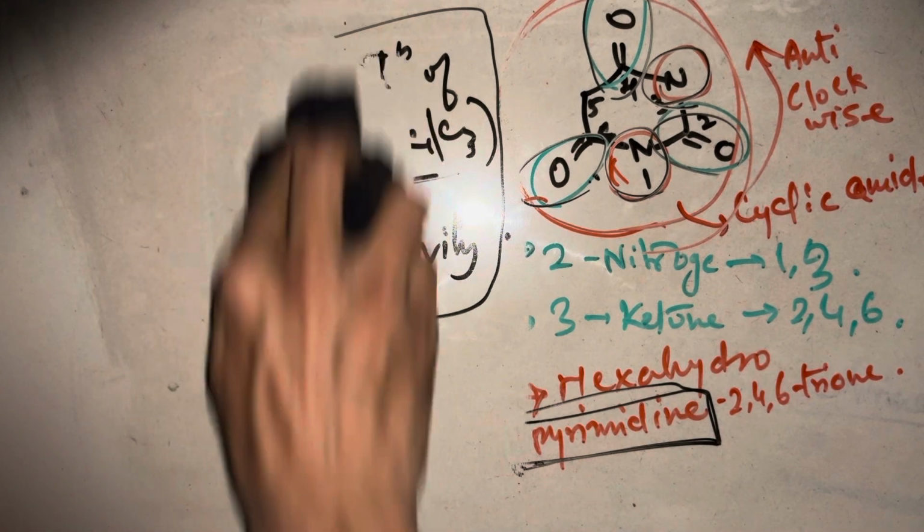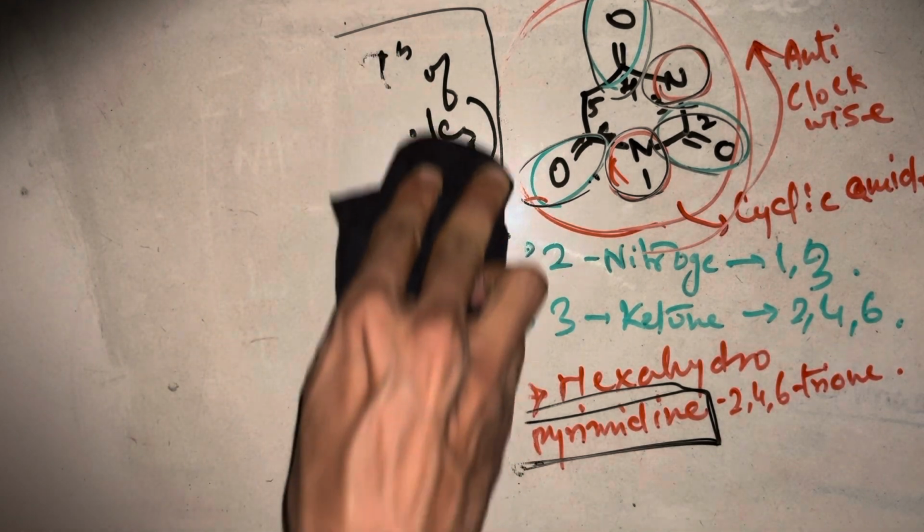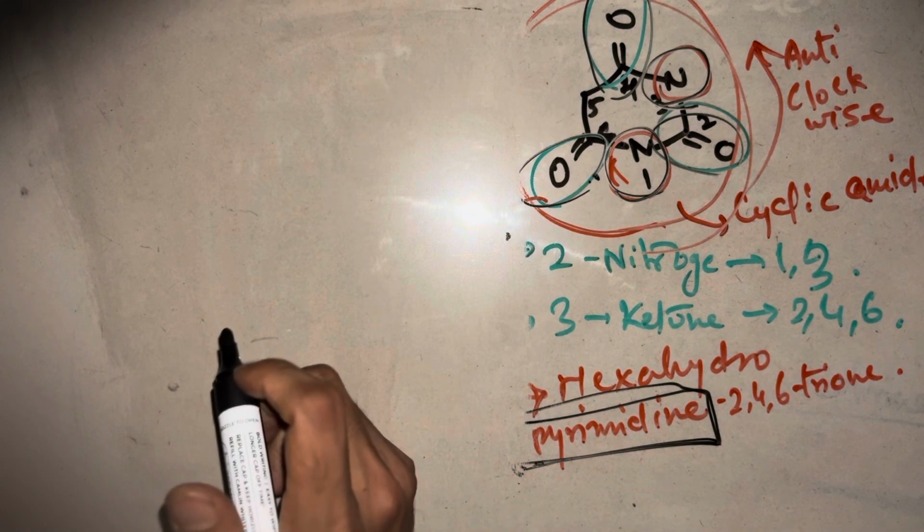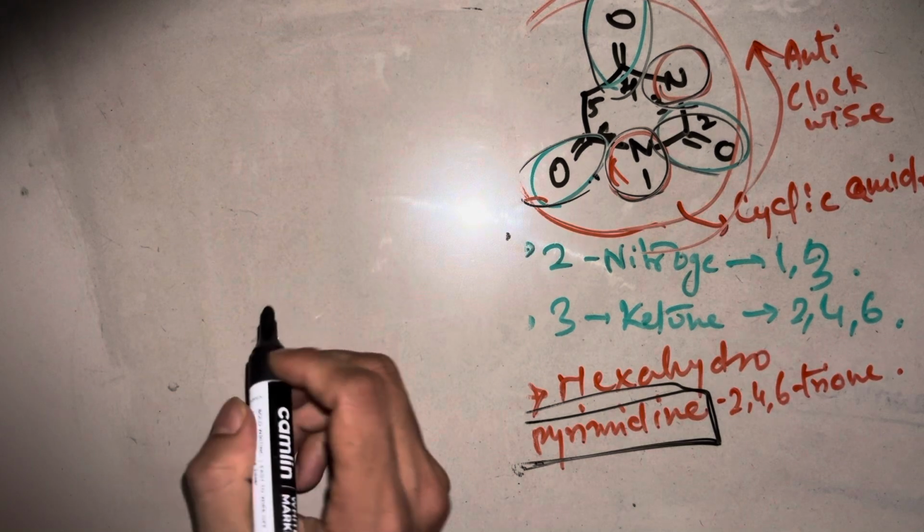Next, the third point: modification on fifth position. That is, in fifth position, two hydrogen atoms are there. If the two hydrogen atoms at fifth position are modified, what will happen?